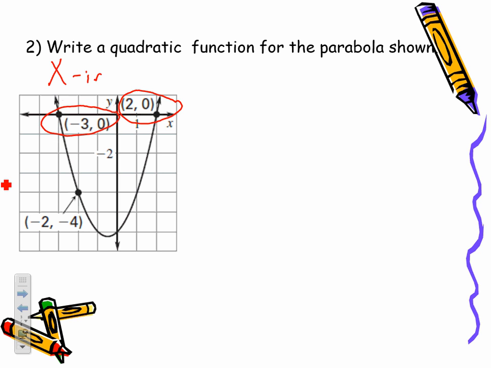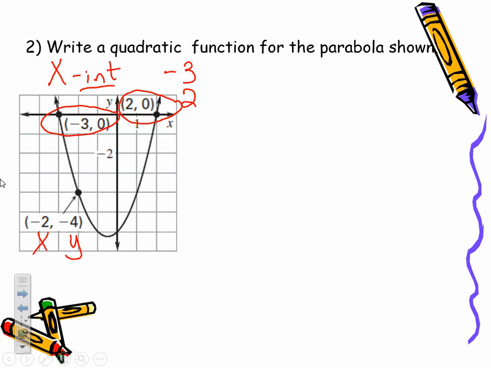X-intercepts. So one x-intercept is negative 3. The other one is 2. We also have a point here, so we have an x and a y.